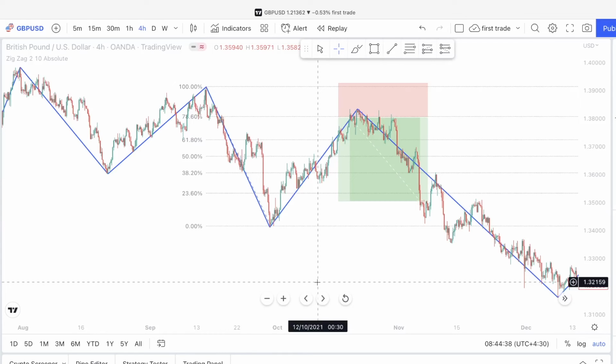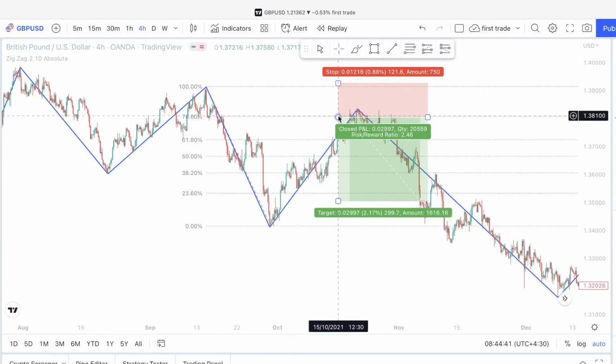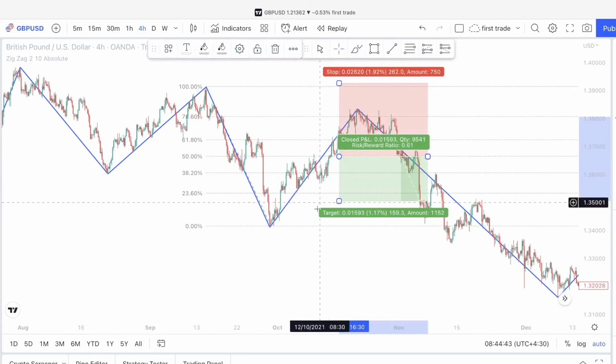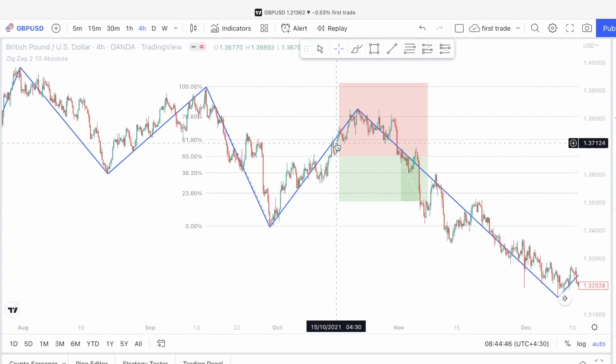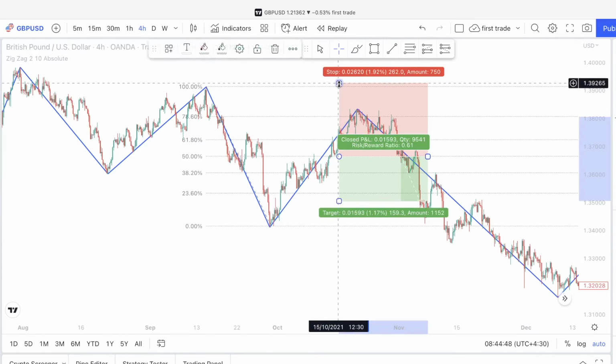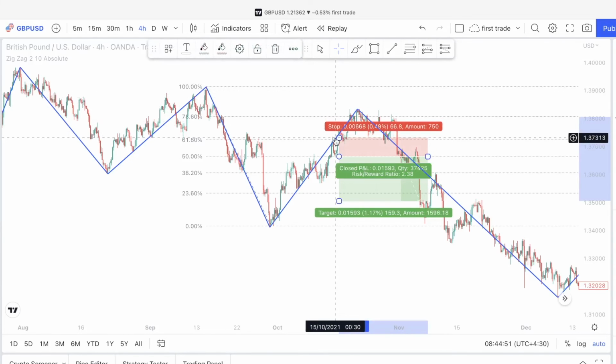For instance, if I enter on 50% Fibonacci, I cannot put my stop loss below 61%, somewhere like here, or any other Fibo level, because the market can retest all the way down to the beginning of the impulsive wave, which is somewhere here. If the chart goes below the main wave, or in other words, breaks the key level, we can conclude the trend reversed and we should trade in the other direction.